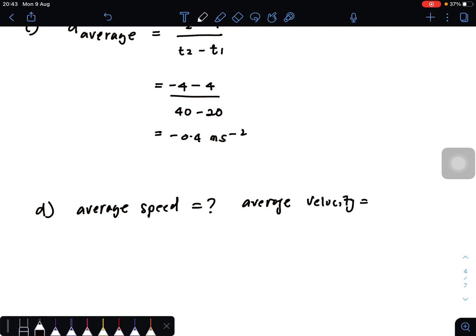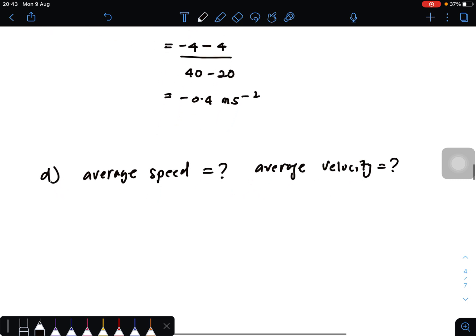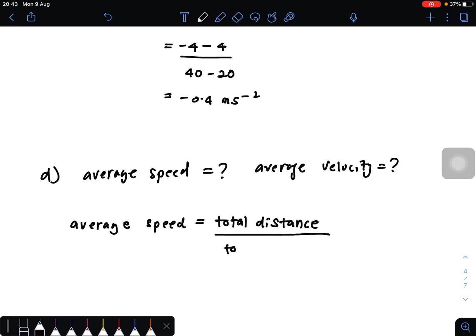So using the graph, average speed is actually the total distance divided by the total time.